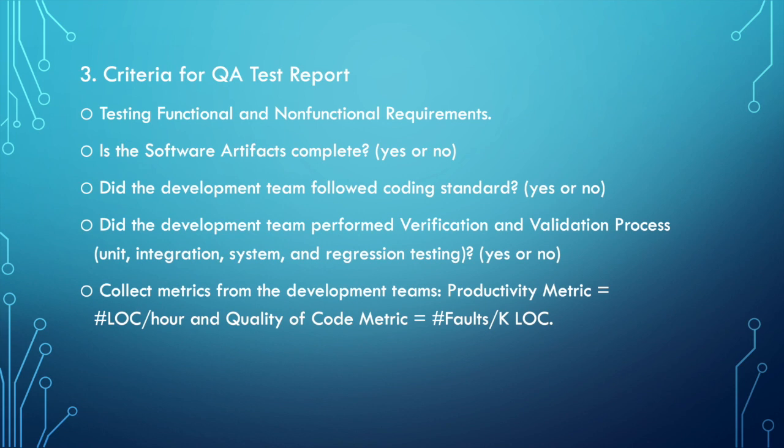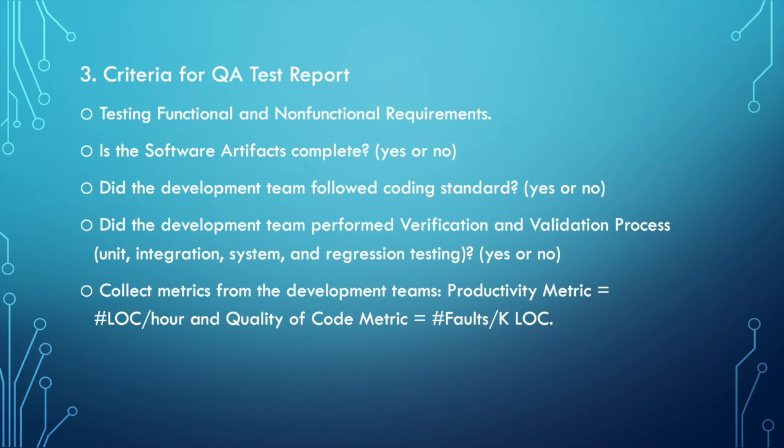The next one is they will try to see if your team has performed the verification and validation process. And this process, verification and validation, consists of unit testing, integration testing, system testing, and regression testing.